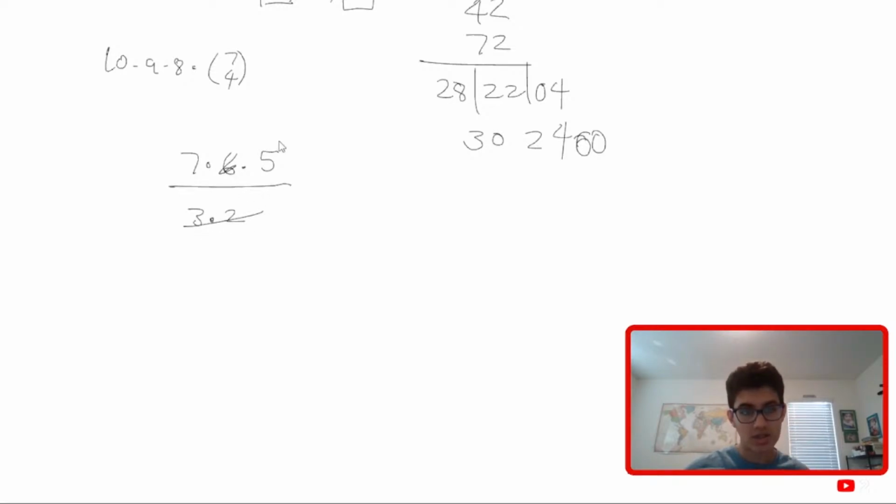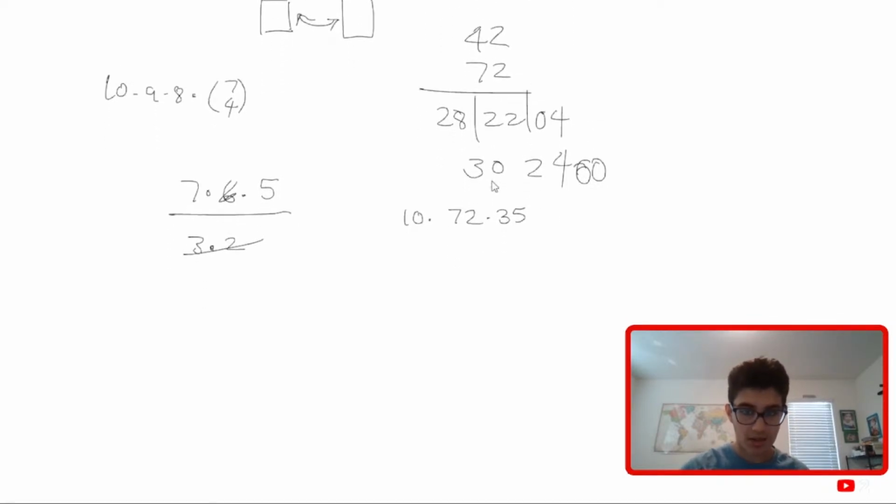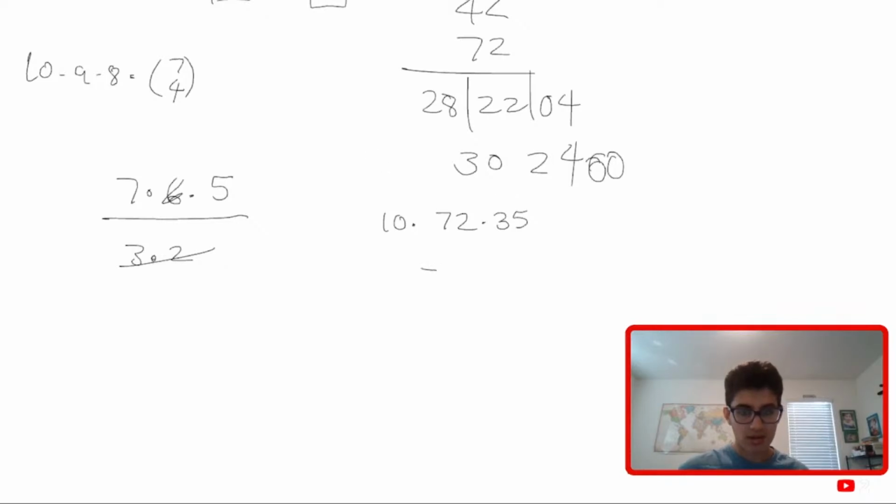Okay, so this cancels. That's just 35. So then it'll be 10 times 72 times 35, which is going to be a lot smaller of a number. And I think this could be right. So 72 and 35, 21, 21, 35 plus 6. So 35 plus 6 is 41. 25, 20.